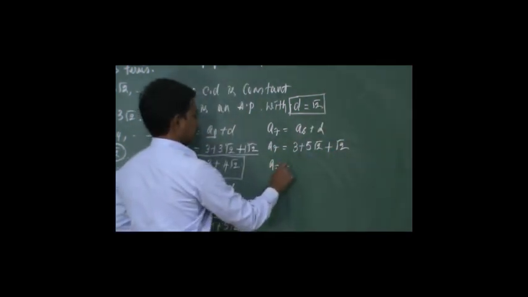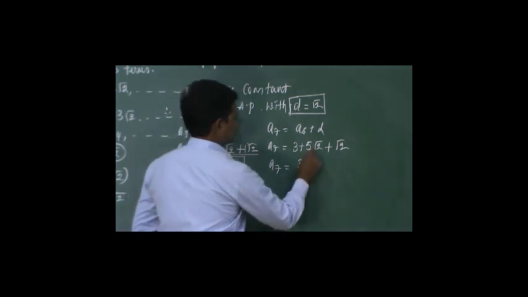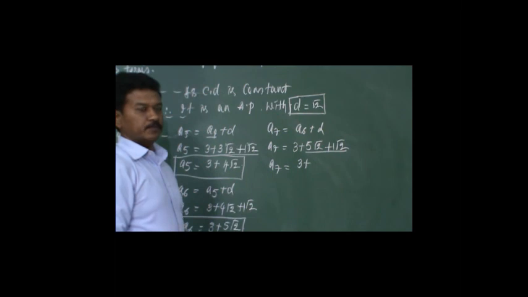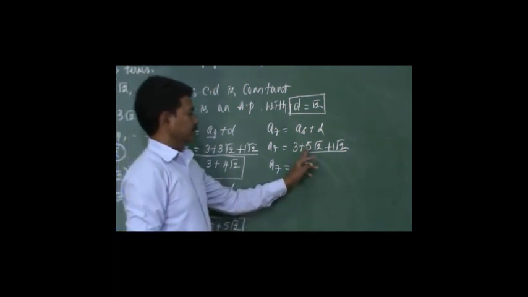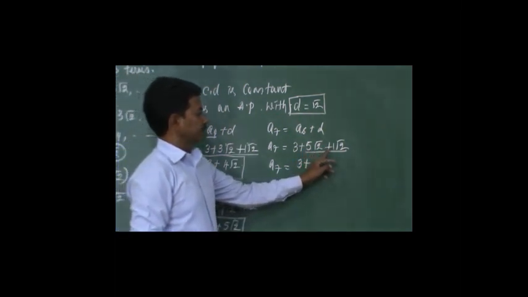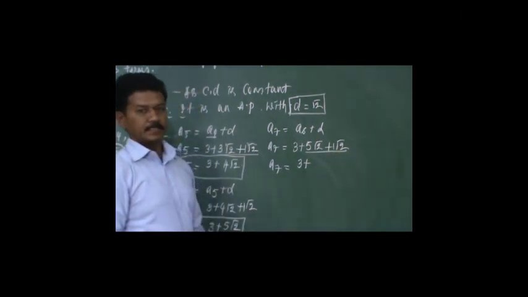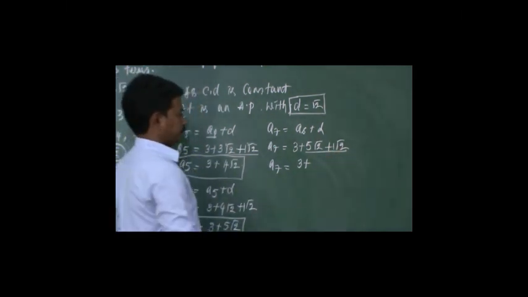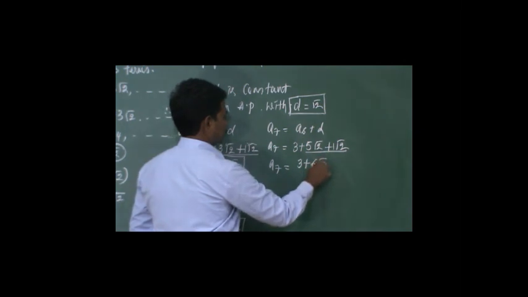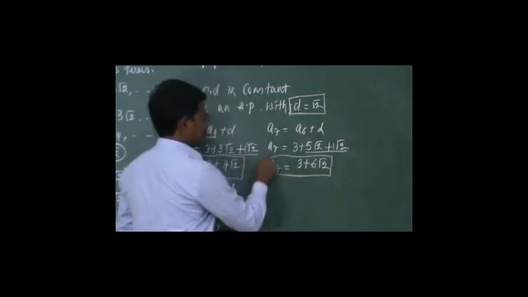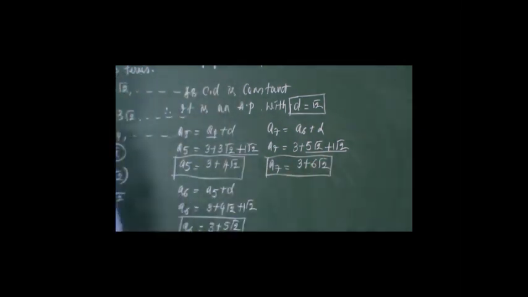So A7 is 3 plus 5 root 2 plus 1 root 2, which is like 5 pencils plus 1 pencil, that is 6 root 2. So the value of the seventh term is 3 plus 6 root 2. I hope you enjoyed the problem.